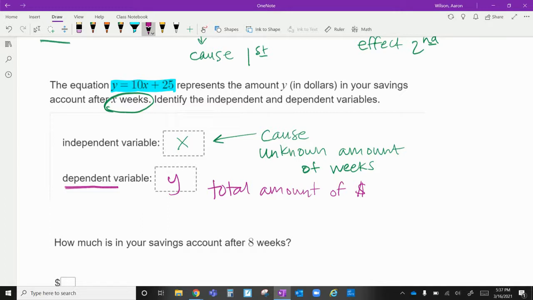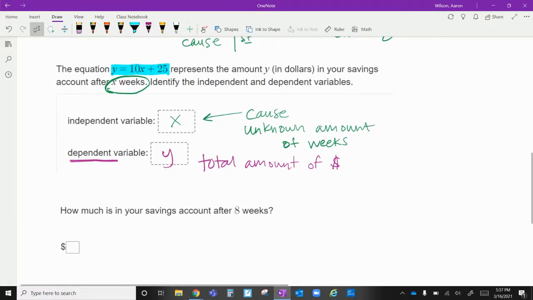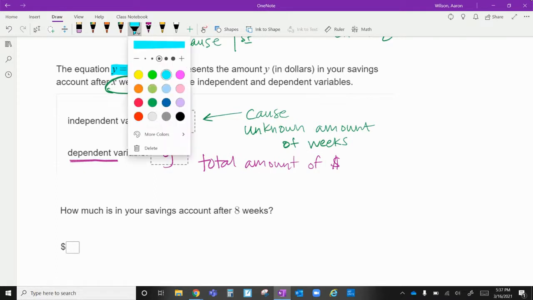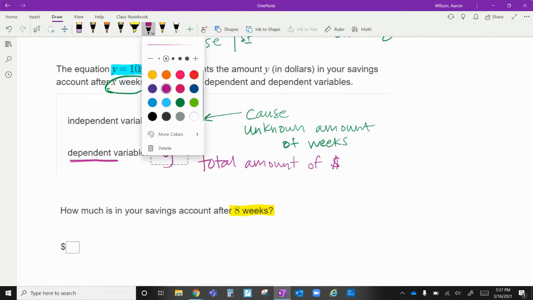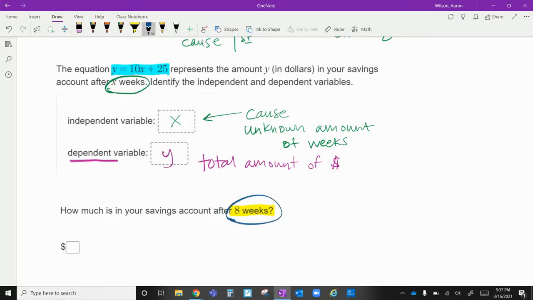Now, where the fun begins, I am going to give you a value or a number of weeks to try. So it says, how much is in your savings account after 8 weeks? That means we take the number 8 and we're going to plug in the number 8 for our value X, because X stands for weeks. So this is going to be Y equals 10 times 8, because 8 represents the number of weeks in this case, plus 25.